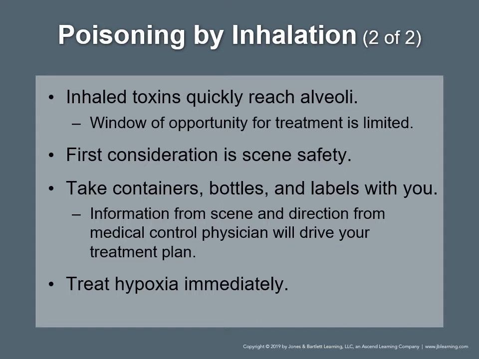Inhaled toxins produce a wide range of signs and symptoms, many of which are unique to the toxin involved. It is helpful to take containers, bottles, and/or labels from the toxic substance with you when you transport the patient to the hospital. Often patients use inhaled poisons to commit suicide, such as when a person sits in a vehicle with the engine running in an enclosed garage. A recent variation on the use of automobiles for suicide, called chemical suicide, involves people using a tightly sealed vehicle as a type of gas chamber.